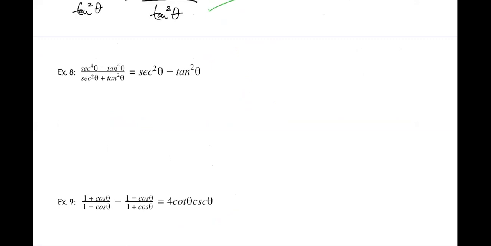But check this out. This is also a throwback to factoring in Math 116: when we had a squared minus b squared, I think people knew that was a plus b times a minus b.